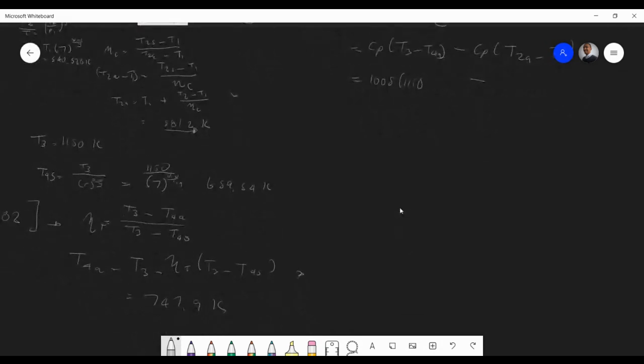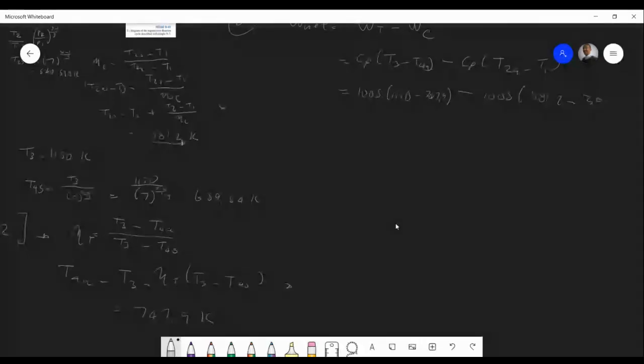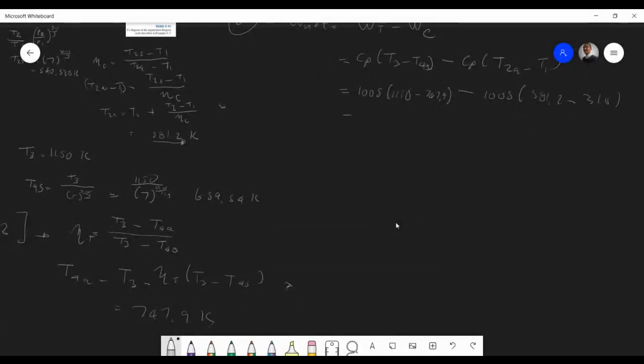T4A was now 747.9 minus CP 1005 times T2A, that's going to be 581.2 minus T1. Is it 300 Kelvin? Yeah, 310, sorry. So it's 300 Kelvin. All right, so let's just get those values.